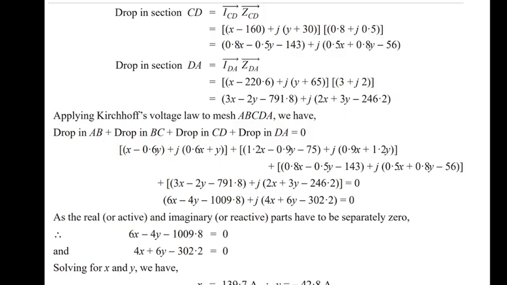These voltage drops are then added, and according to KVL, their total must be equal to zero. This results in a single complex equation which is separated into its real and imaginary components. Since both parts must independently equal zero, we can obtain two simultaneous equations in terms of the unknown variables.